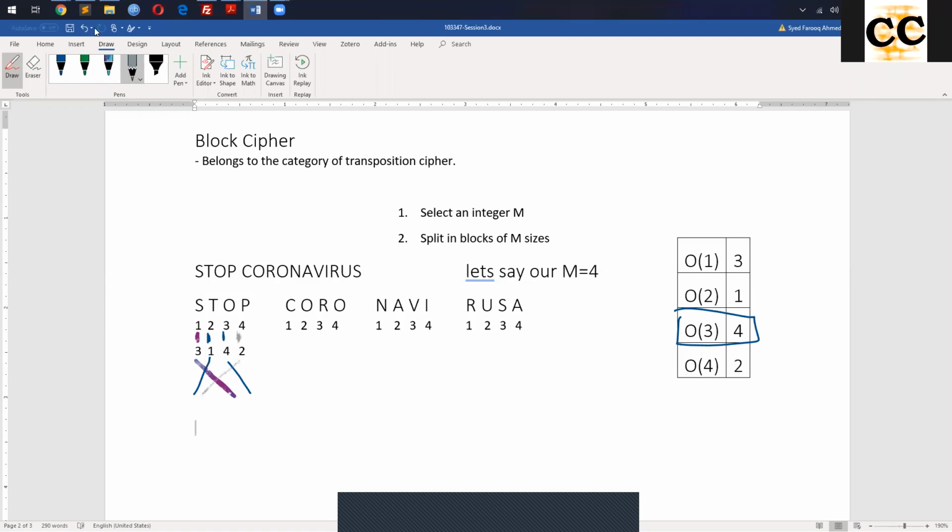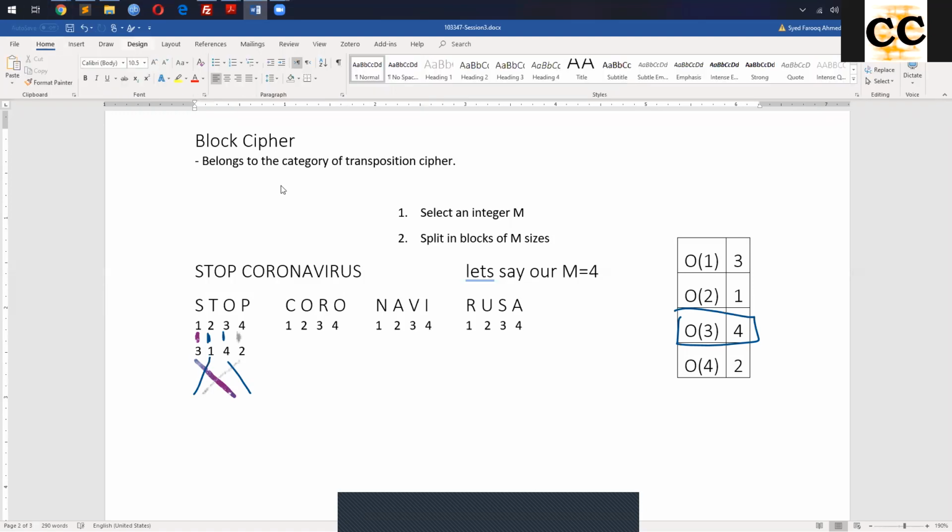And then our function will come out to be t, p, s, and o.